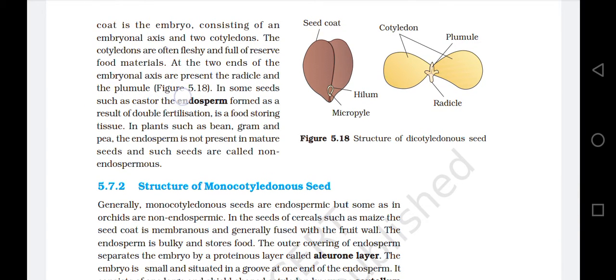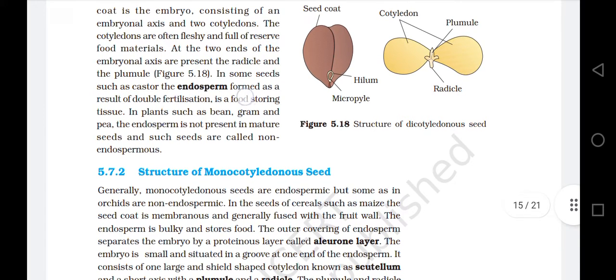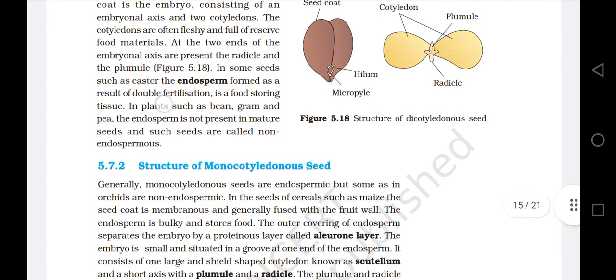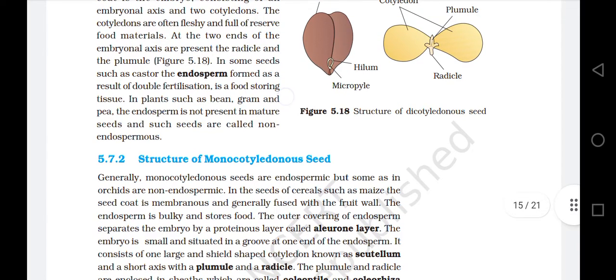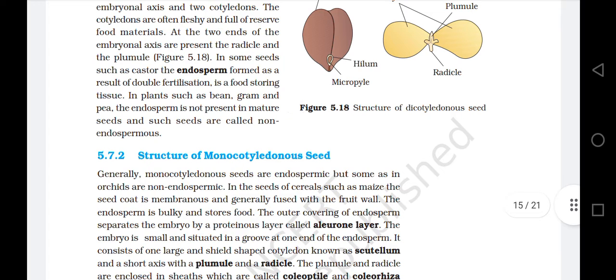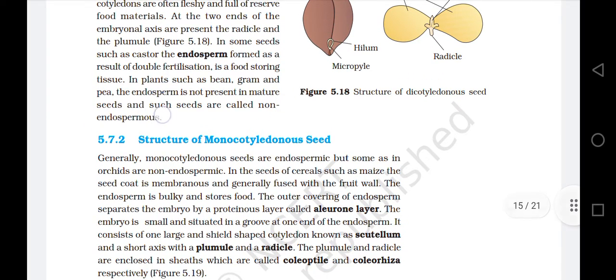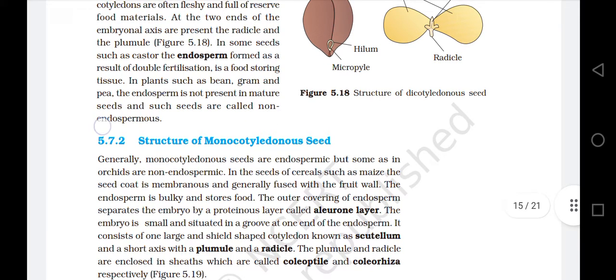Figure 5.18. In some seeds such as castor, the endosperm formed as a result of double fertilization is a food storing tissue. In plants such as bean, gram, and pea, the endosperm is not present in mature seeds, and such seeds are called non-endospermous.